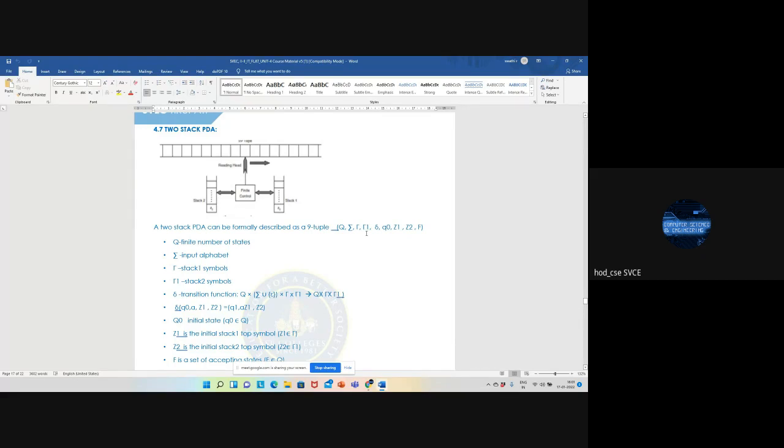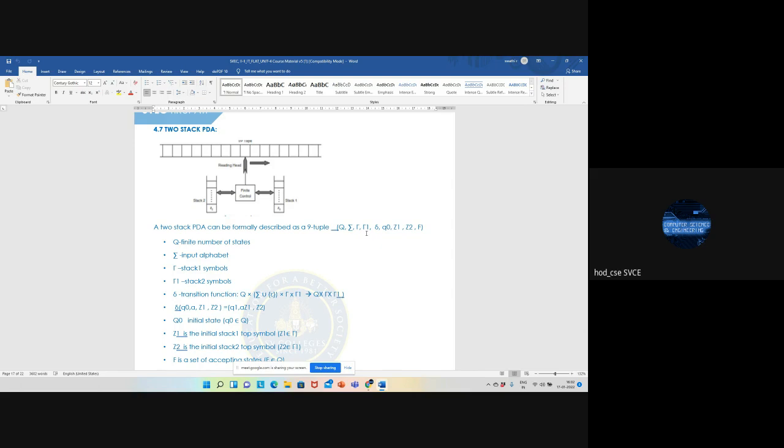Previously the PDA consisted of 7 tuples: Q, Σ, δ, q0, and F are the common FA components, and for a general PDA we have two more symbols, Γ and Z0. Z0 represents the empty state; initially the stack consists of Z0 as the top of the stack symbol. Now we take one more stack with the same two symbols.